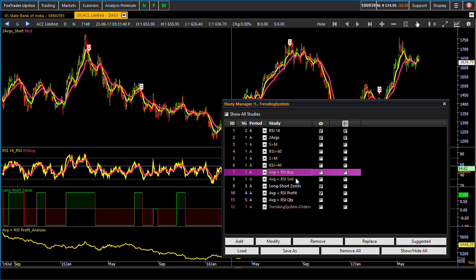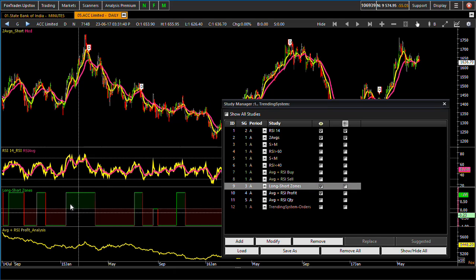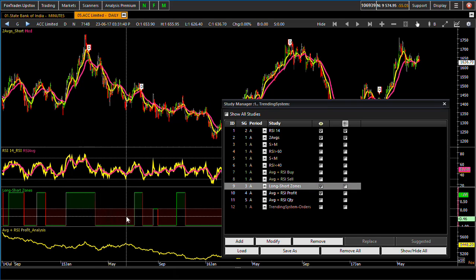So once you have made your buy and sell signals, it is very important for us to convert those buy and sell signals into long and short zones. If you remember, in our previous session, when we used a ready condition, it gave me this kind of a signal, like it gave me a long zone and it gave me a short zone.